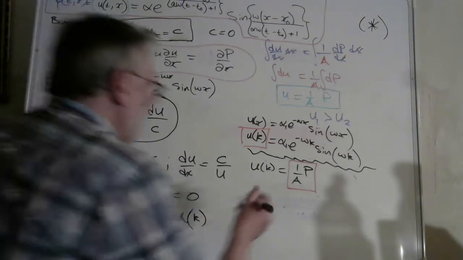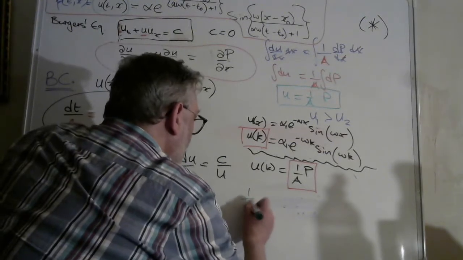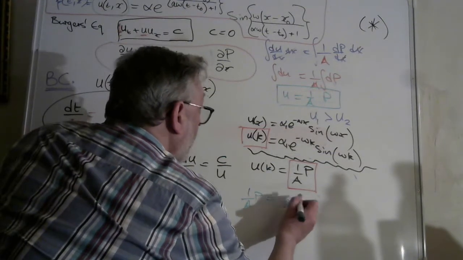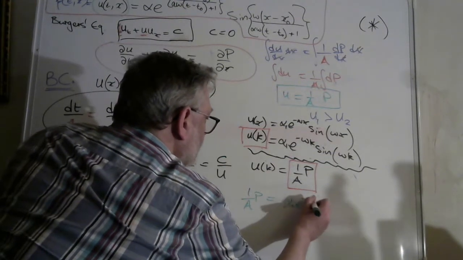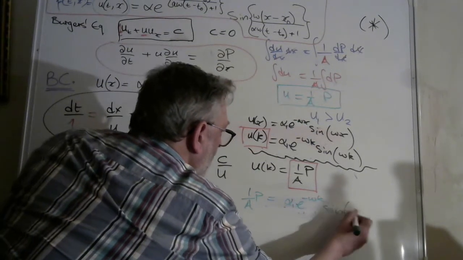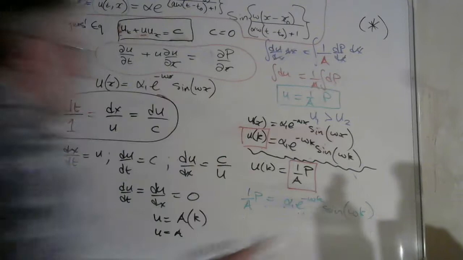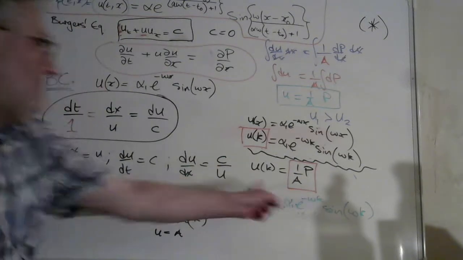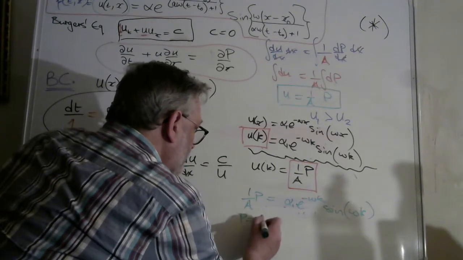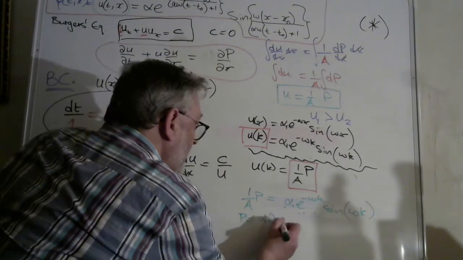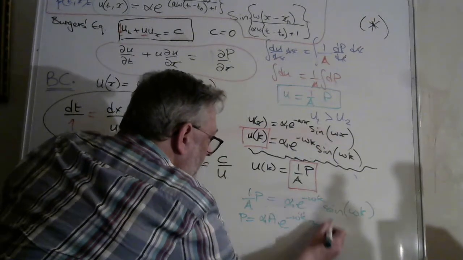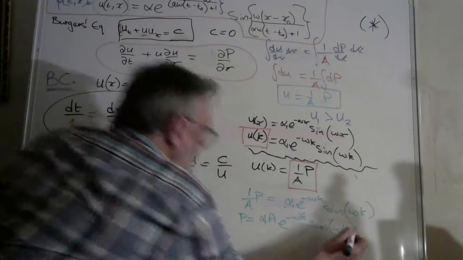So what we have is 1 over a times p equal to alpha 1 e to the minus omega k sine omega k. And if you just multiply both sides of that equation by a, you get p equal to alpha 1 a e to the minus omega k sine omega k.